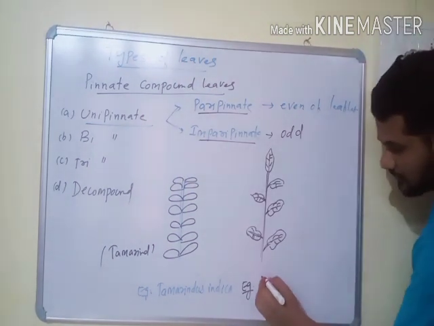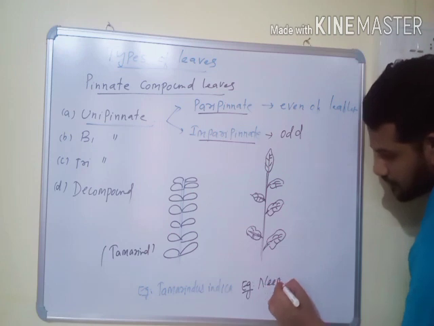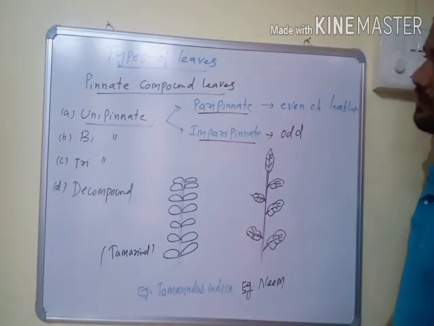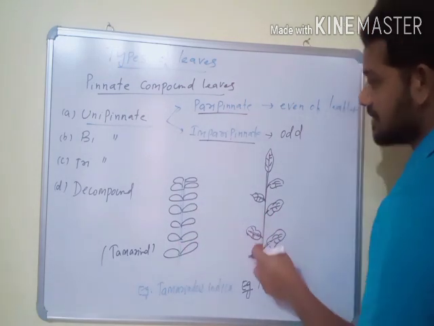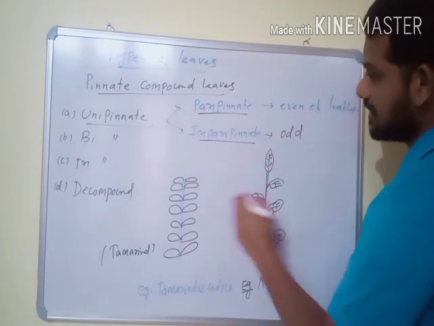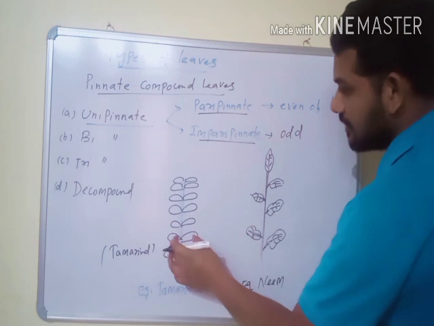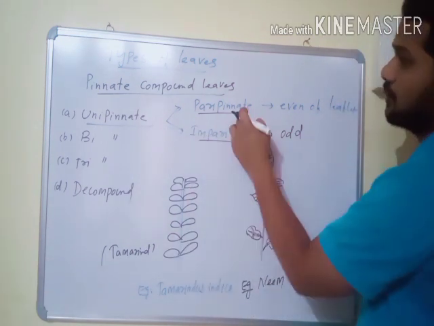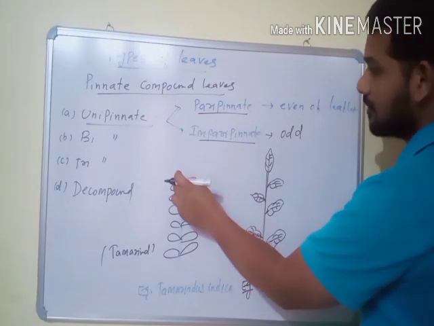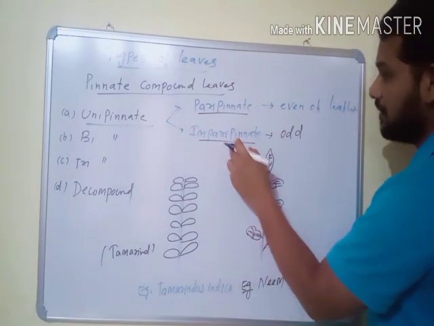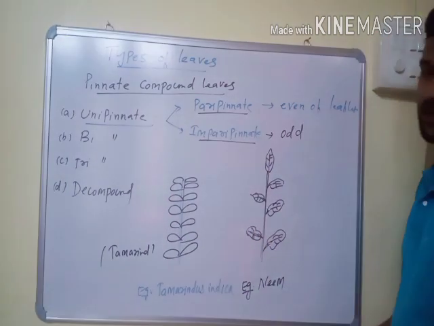Example, neem. So in a unipinnate compound leaf, the leaf has a single rachis and many leaflets at any part. And depending on the number of leaflets, it is again 2 types, paripinnate and imparipinnate. In paripinnate, an even number of leaflets are present, and in imparipinnate, an odd number of leaflets are present.